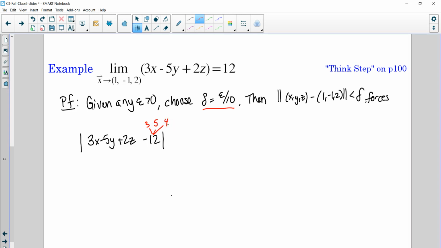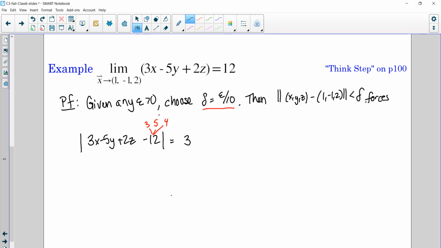Let's see if I did that right. Yep, everything adds to 12, so we're good. And those are all negatives, right?